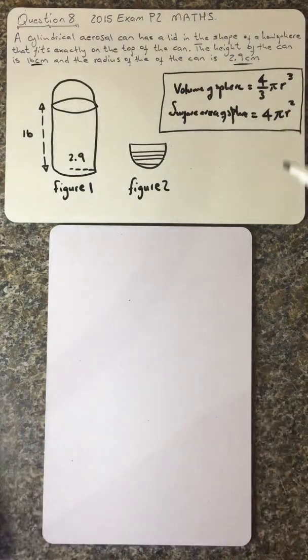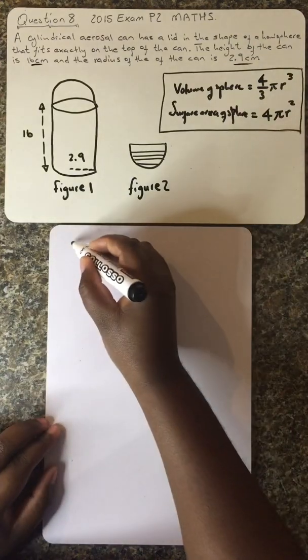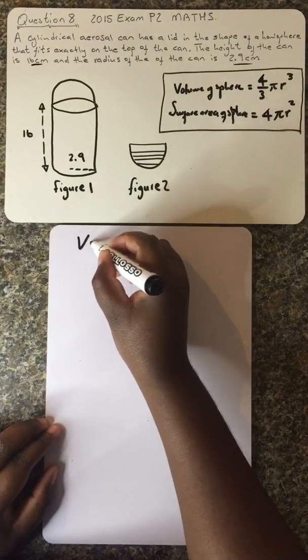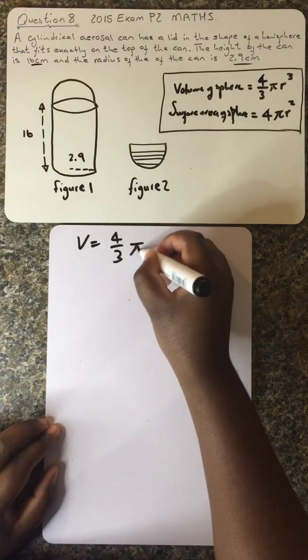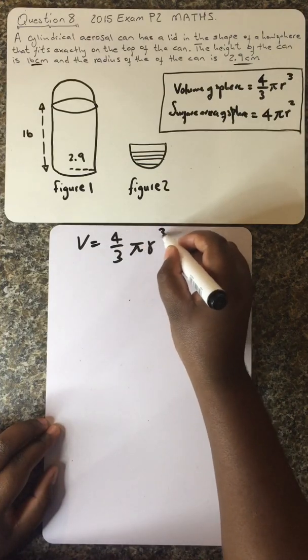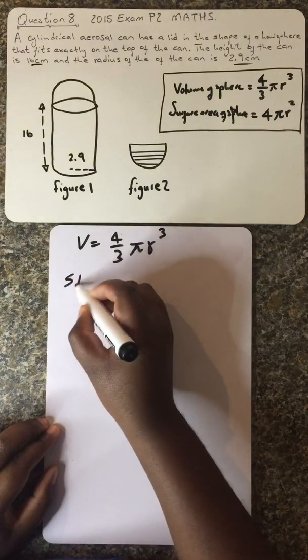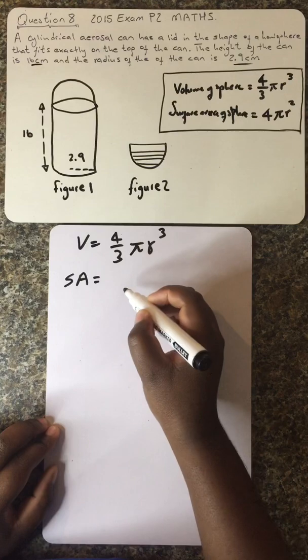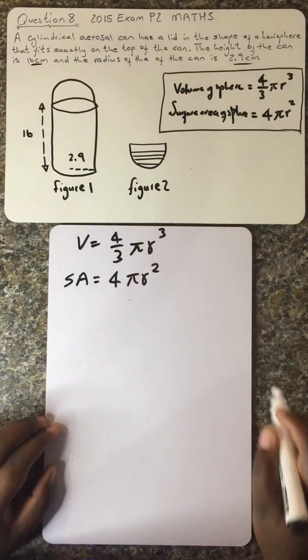As you can see, we are also given the formula for the volume of the sphere, which is 4/3 pi r cubed. And then we've got the surface area of the sphere, which is 4 pi r squared.